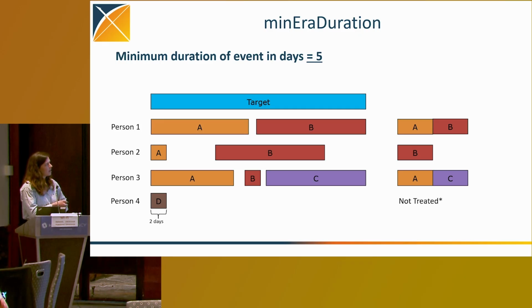So if we had a 0 value here, then we would say this person received treatment D, but now we say this person is not treated. I'm not here to claim what is right or wrong. This is the impact of the choice that you make as a researcher, and I would argue this is one of the reasons why you want to do sensitivity analysis.